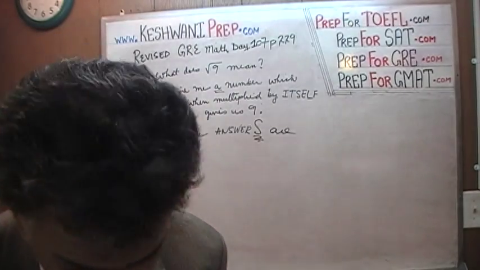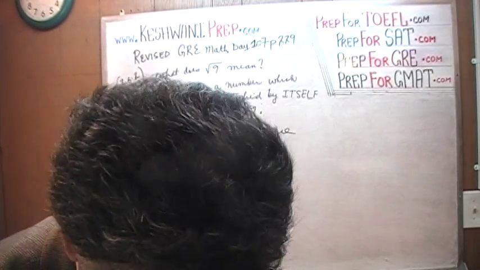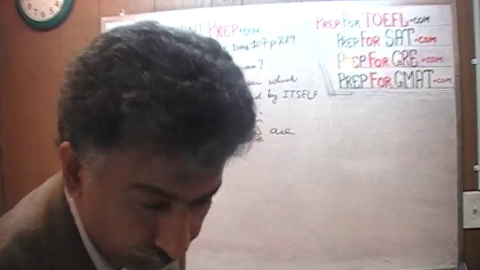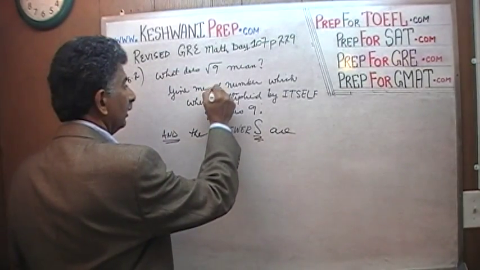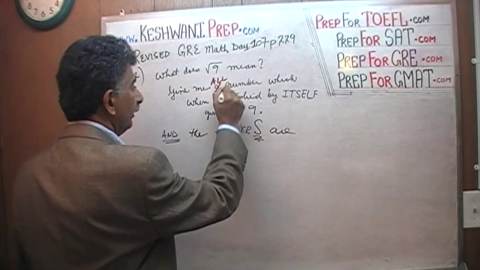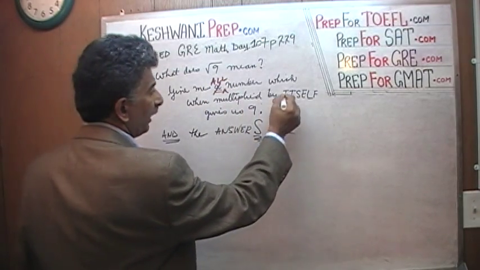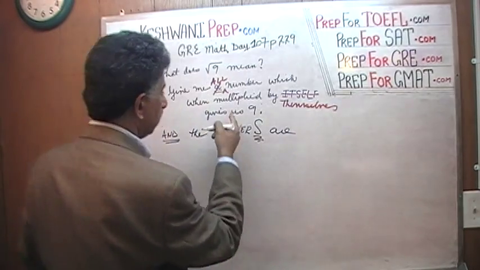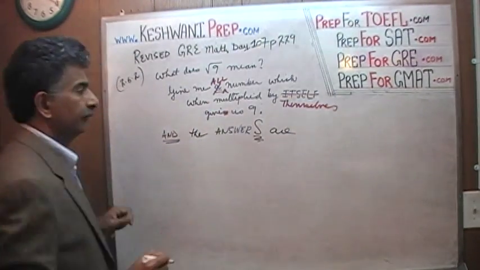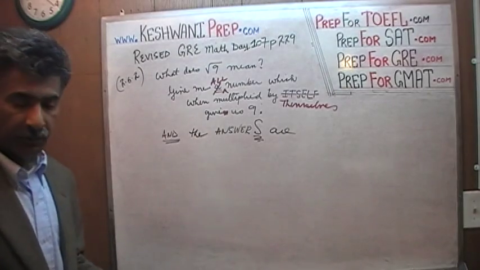Let's fix it, because there is more than one number which will do the job. Give me all the numbers which when multiplied by themselves give us 9.